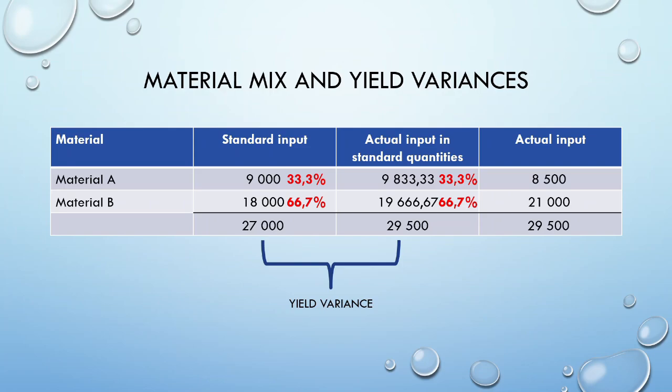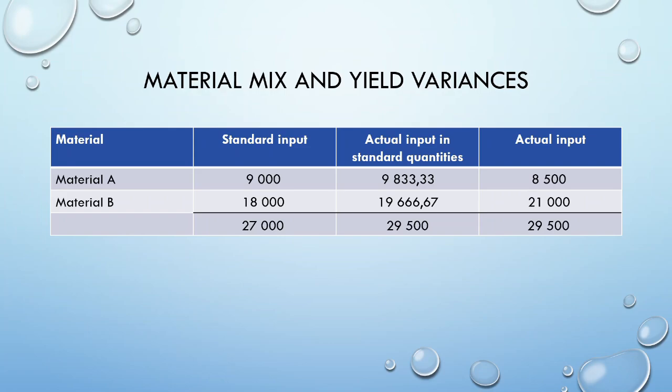Then, the difference between the middle and last column represents our mix variance. We can see here that the total quantity remains constant at 29,500 kgs, but the mix changes from 33.3% of A and 66.7% of B to 28.8% for A and 71.2% for B.